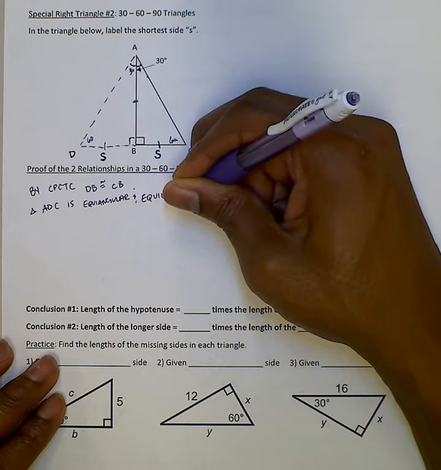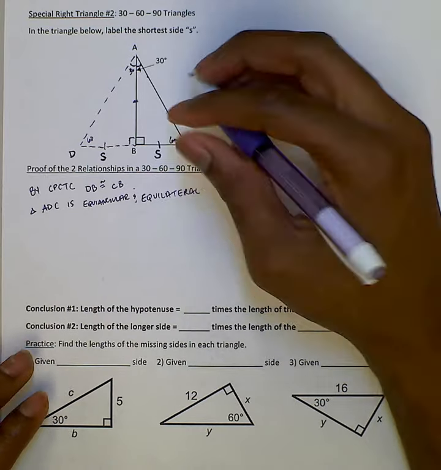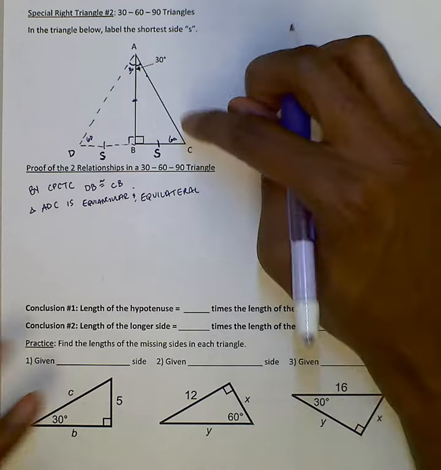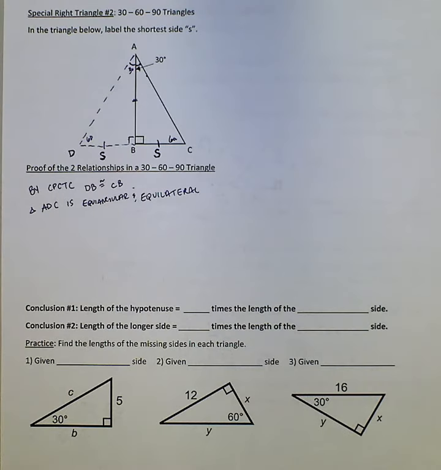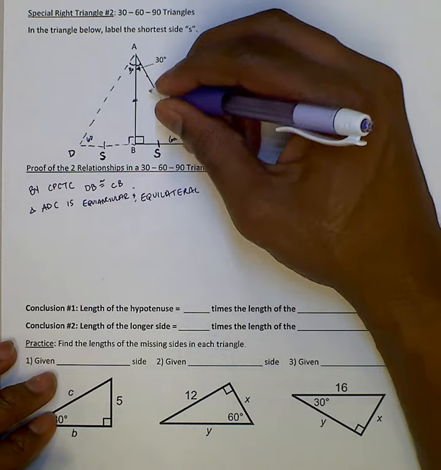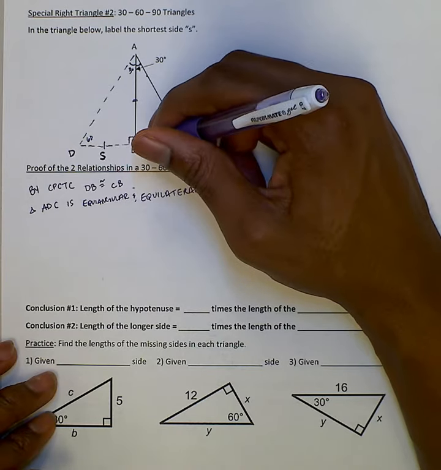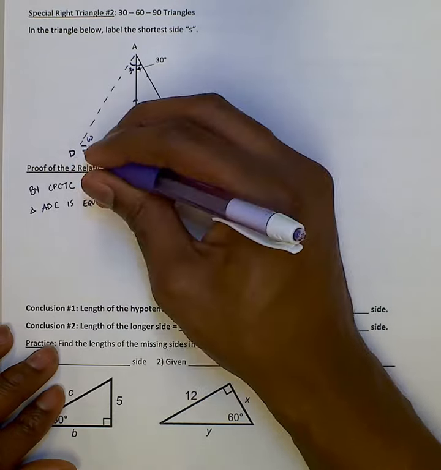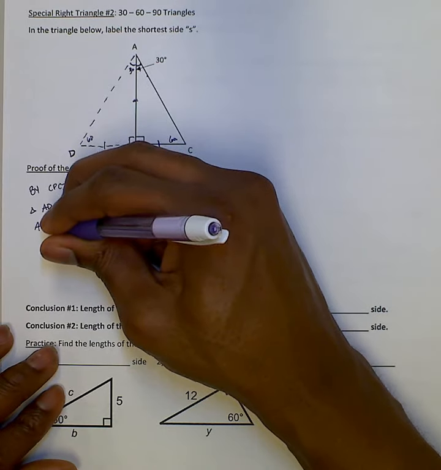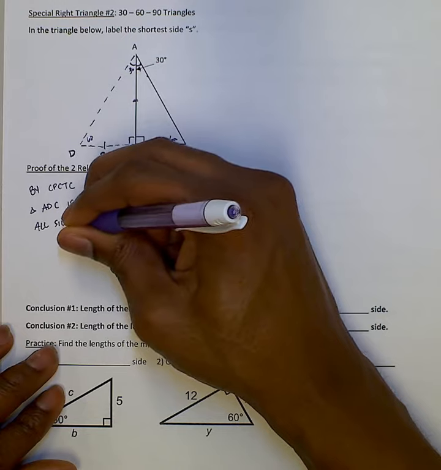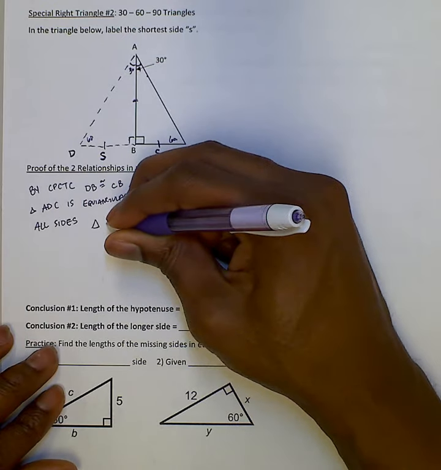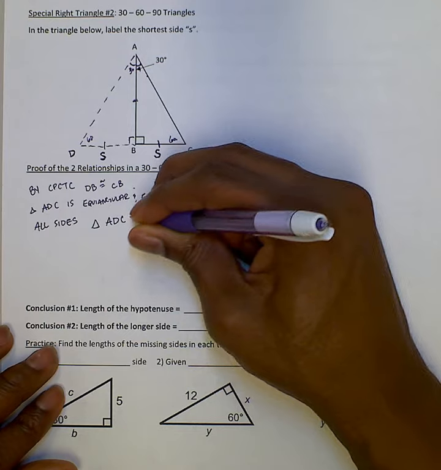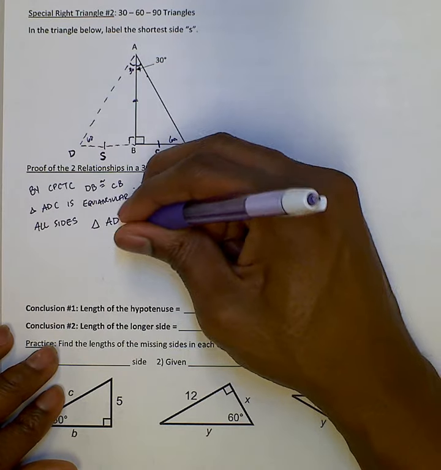It goes with the same thing we were talking about for labeling the short side and the long side. The shorter sides are across from the smallest angles. So if all the angles are the same, that means all the sides have to be the same. So if this is equilateral, then all sides in triangle ADC are going to be the same.